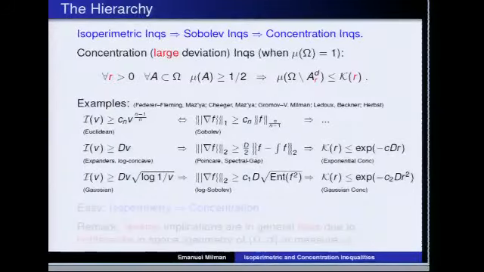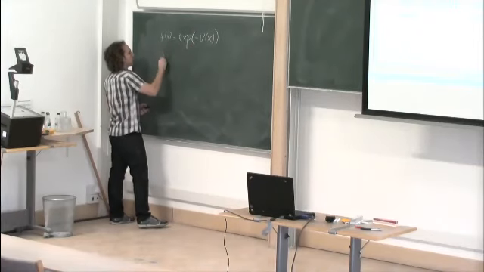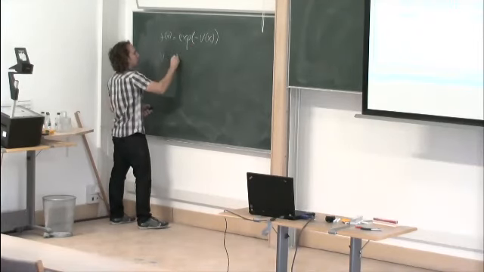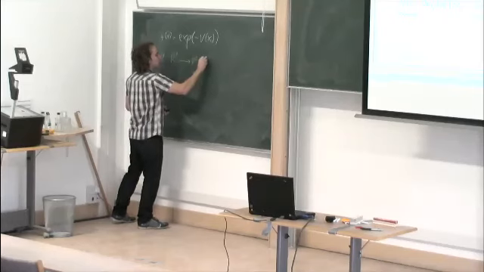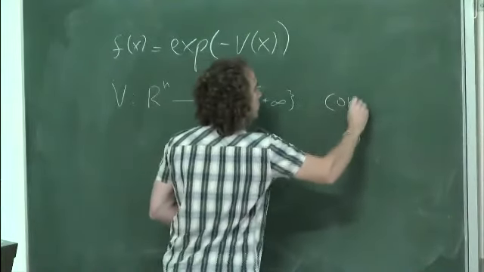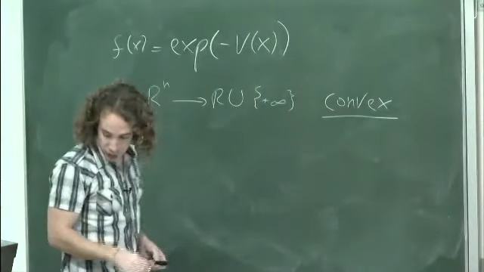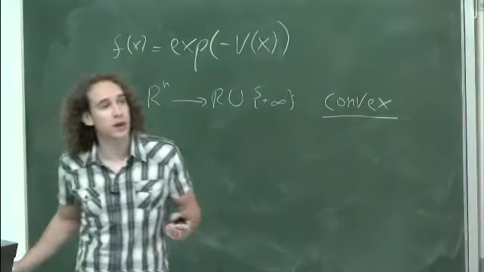Okay, so a density, a function f, is called log-concave if it's of the form exponential of minus V, okay, where V, let's allow it to attain plus infinity, is convex. Okay, so exponential of minus convex we call log-concave.